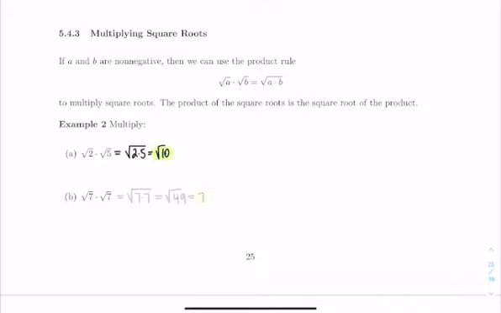And that can't be simplified. For the square root of 7 times the square root of 7, we smush it together, we get the square root of 7 times 7, which is the square root of 49. But the square root of 49 gives me a perfect square, and we've got 7.